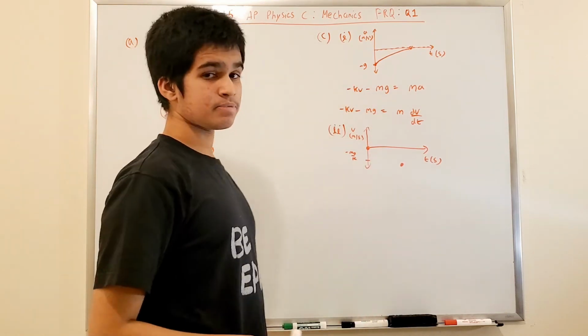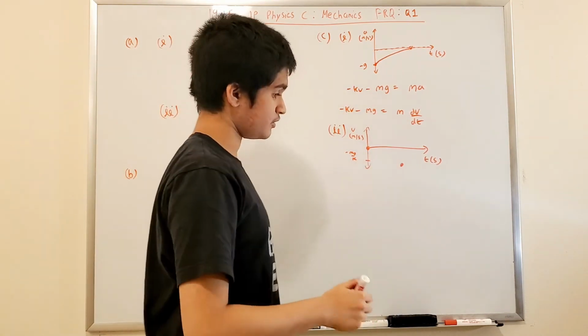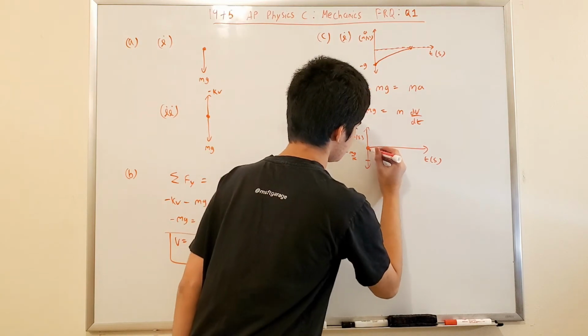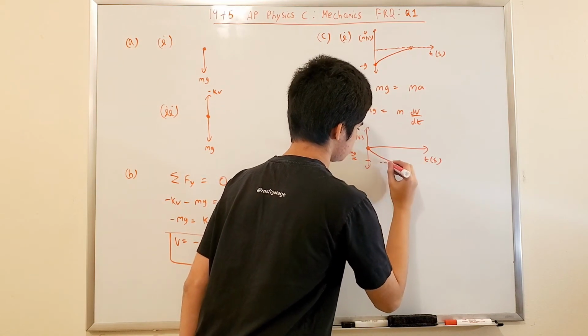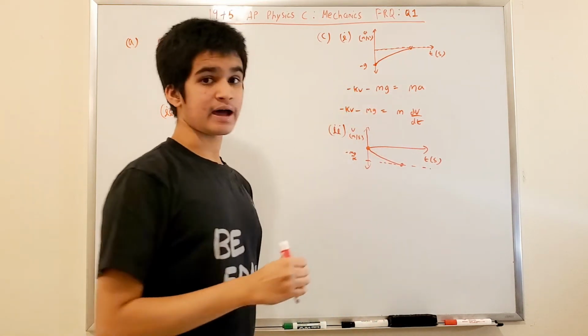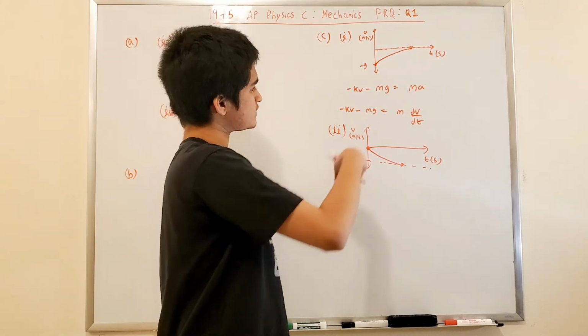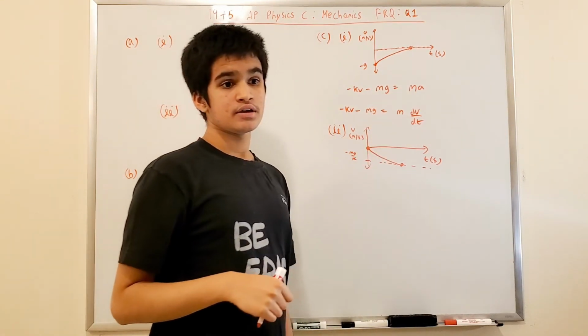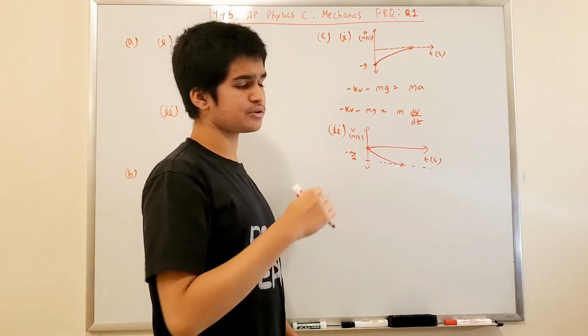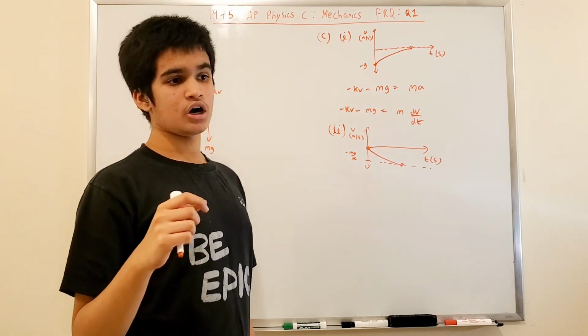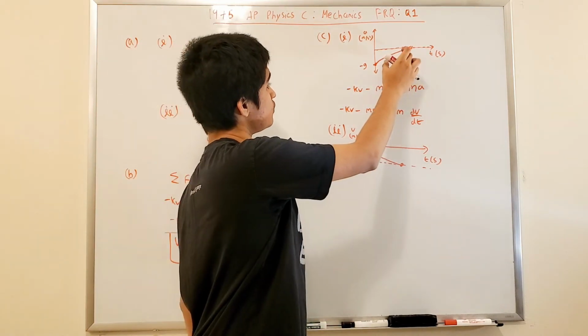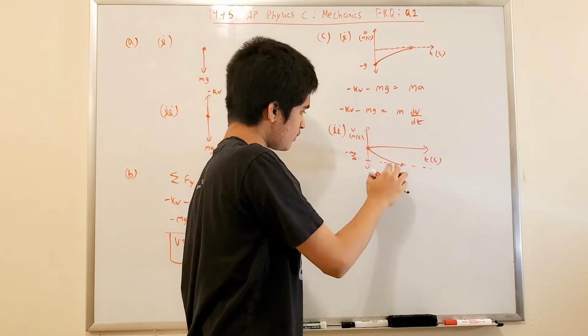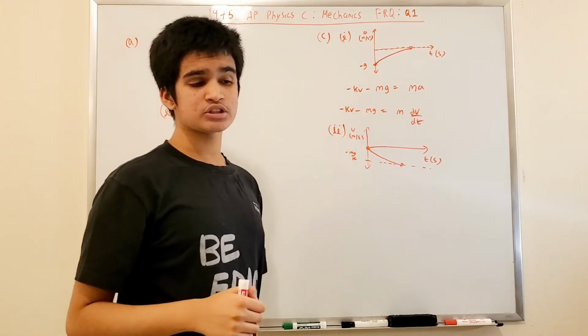And again, this path over here is going to be curvy in nature. And the reason for that is the acceleration is the derivative of our velocity. So if this is curvy, we know that this path also has to be curvy.